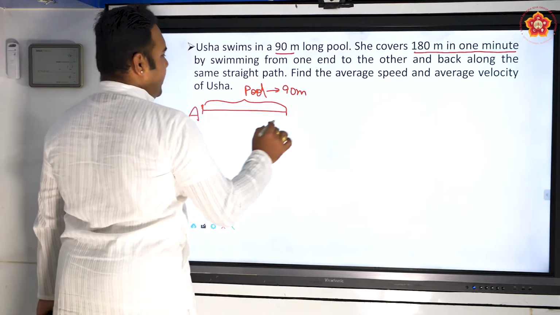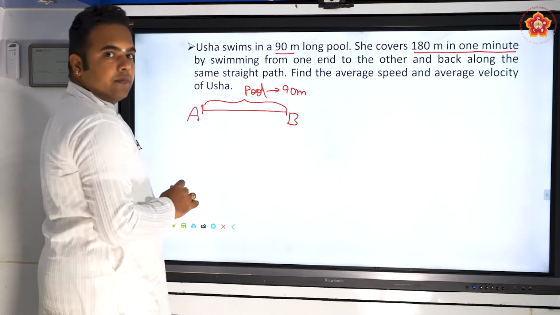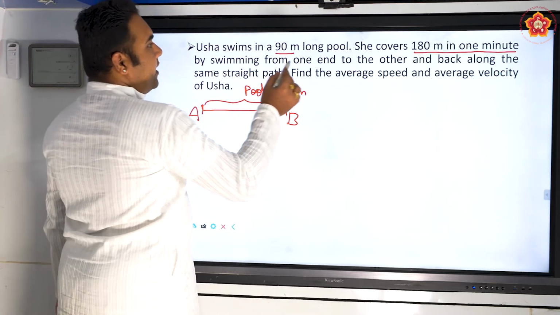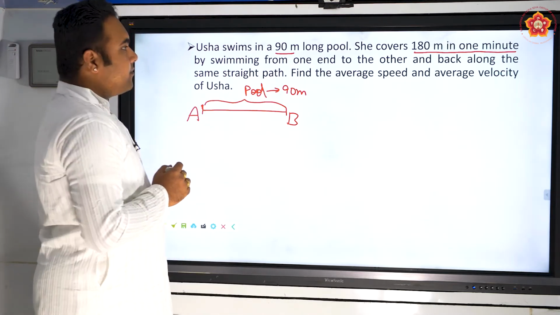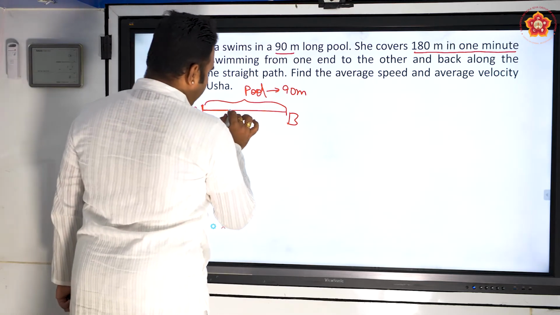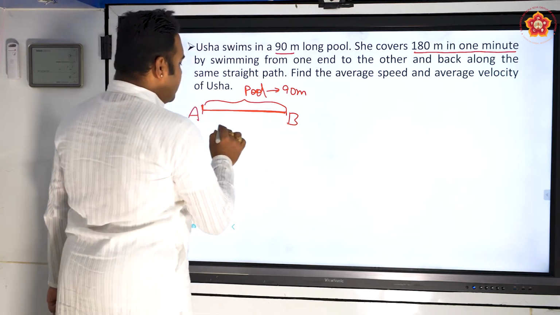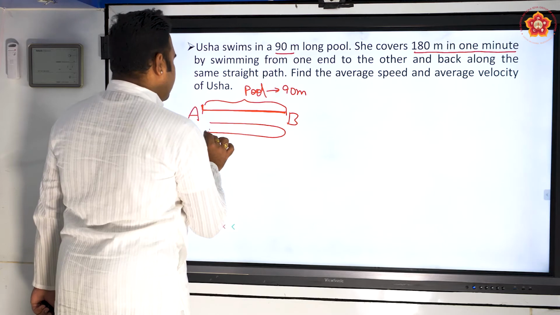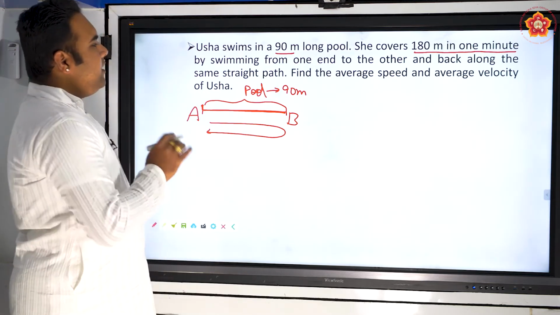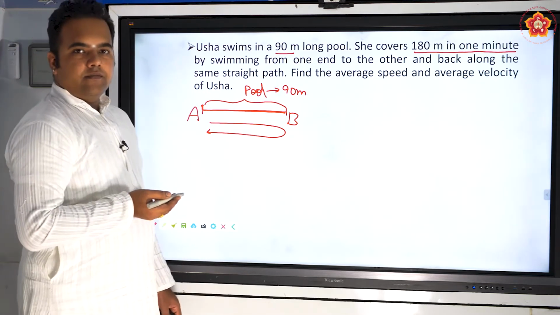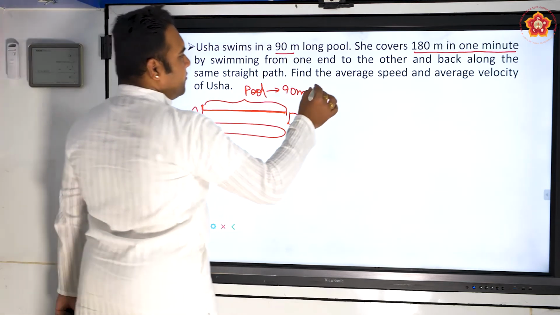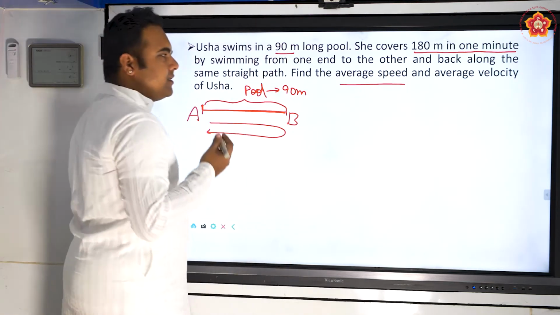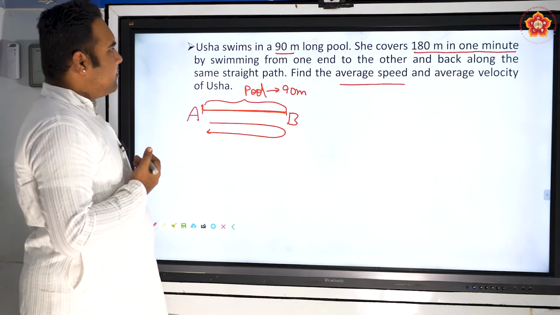I call this end A, I call this end B. She covers 180 meters in 1 minute, which means she went from A to B and then came back to the point A. Find the average speed and average velocity. Now the average speed formula we know: total distance by total time taken.